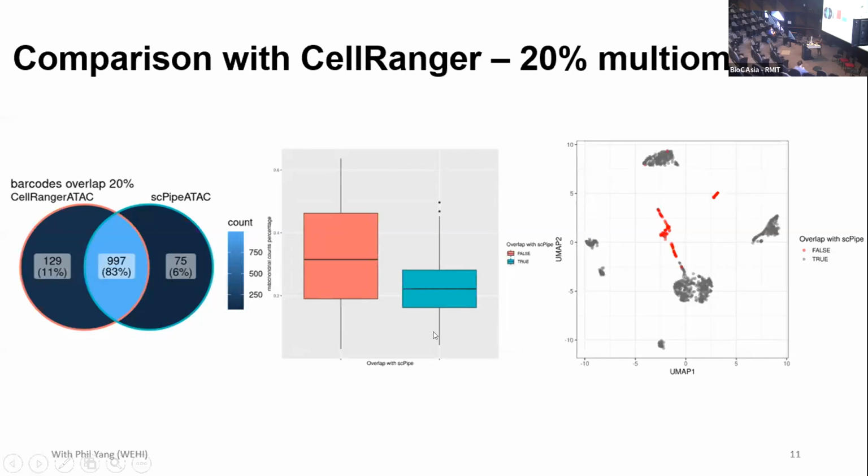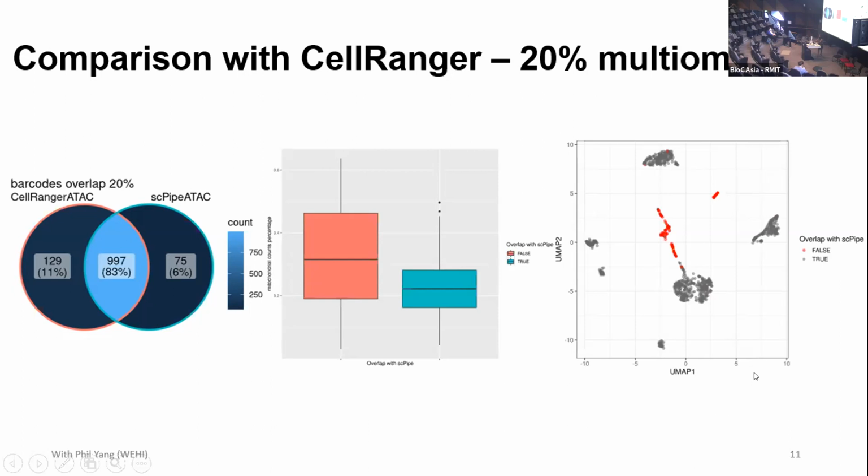So red means they're not shared, green or blue means that they're shared. Here, one thing that I noticed was that mitochondrial percentage is actually lower in the cells that are shared with scPipe. So I guess it's a good thing.